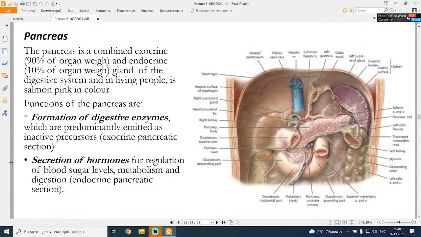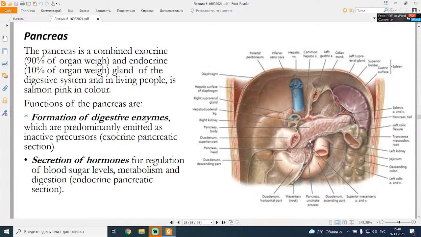Next question, pancreas. The pancreas is a combined exocrine, 90% of organ weight, and endocrine, 10% of organ weight, gland of the digestive system, and in living people is salmon pink in color.